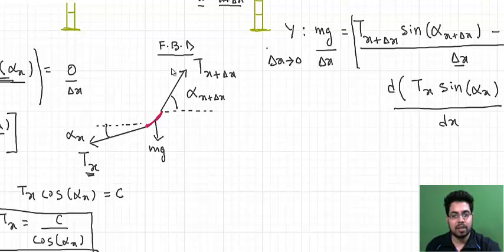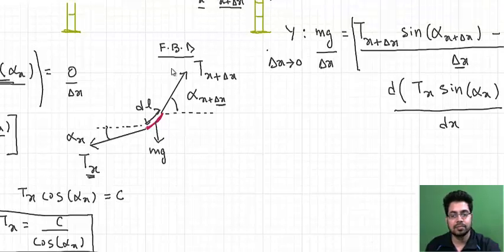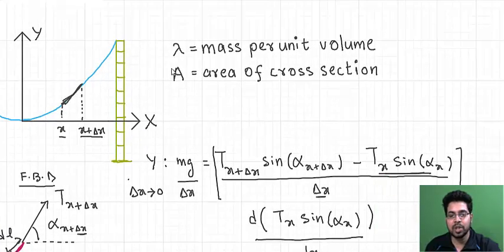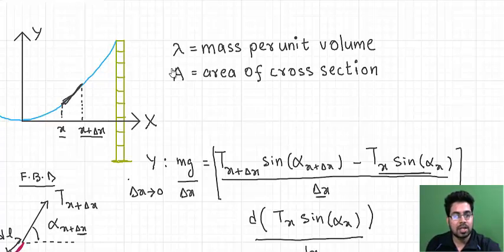When we are applying the limit delta x approaches 0, this segment would become of differential length dl. Here we had lambda as mass per unit volume, and A as the area of the cross section. So from here we need to find the mass.